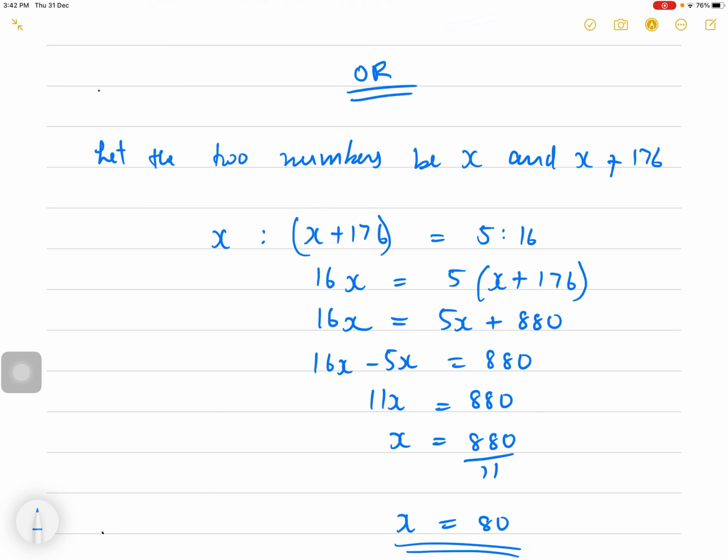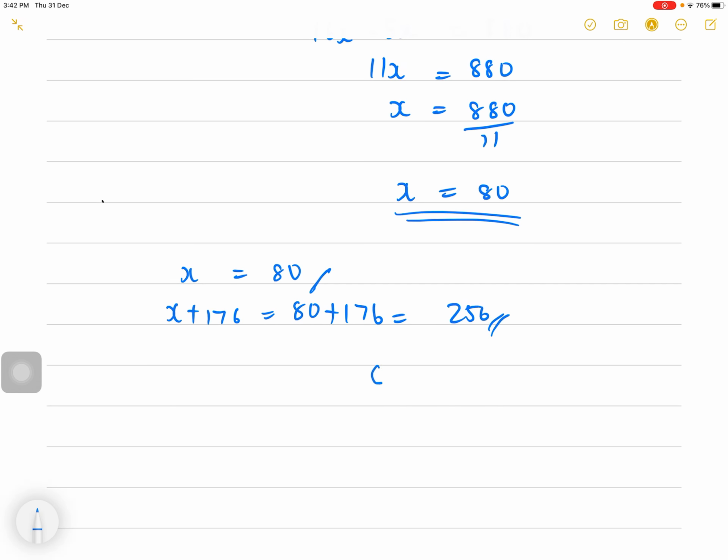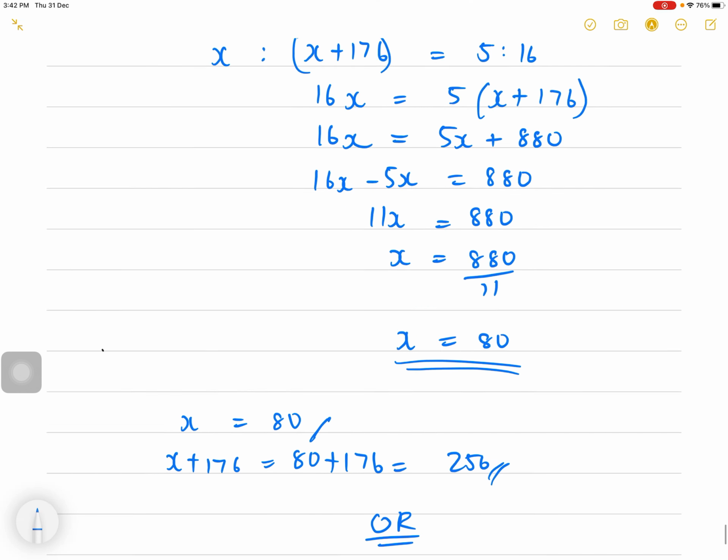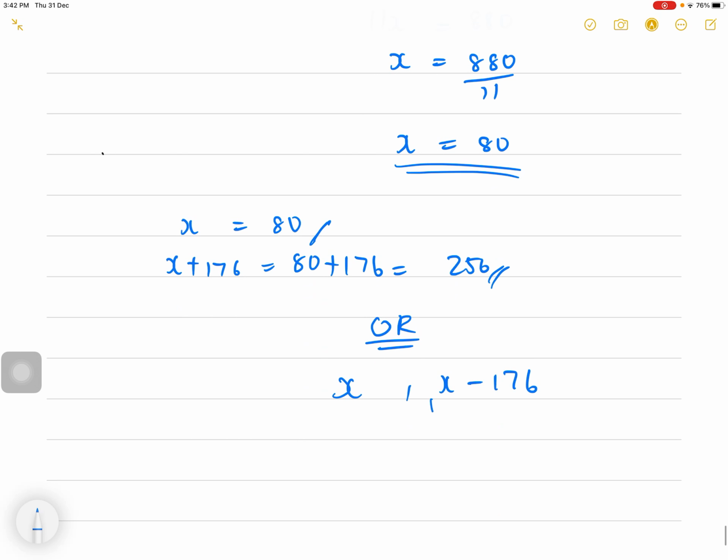This is another way of solving. Now if you assume two numbers to be x and x minus 176, then in that case this is the smaller number and this is the bigger number, right? So x minus 176 is to x is equal to 5:16.